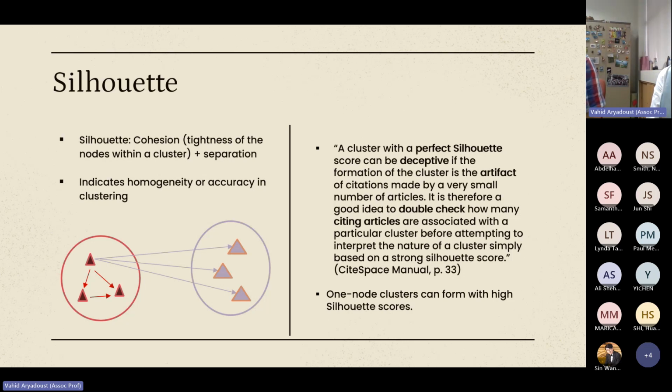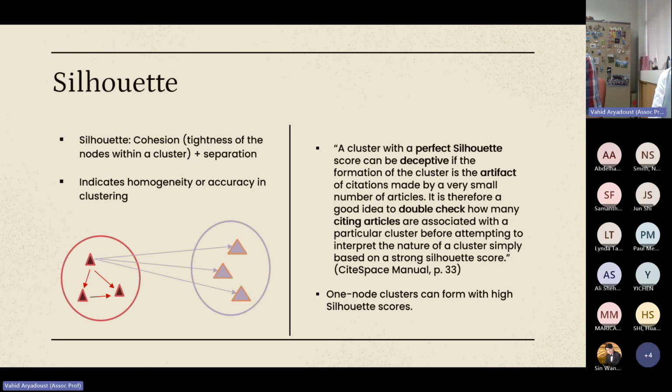Just also to add on to what Ezra mentioned about tightness of nodes within a cluster and separation. As you see, there are two clusters here, one on the left-hand side and the other on the right-hand side. The one on the left-hand side consists of three components. Each of them actually represents one publication. They are related to each other, and how closely they are related can be measured using an index which is called tightness.